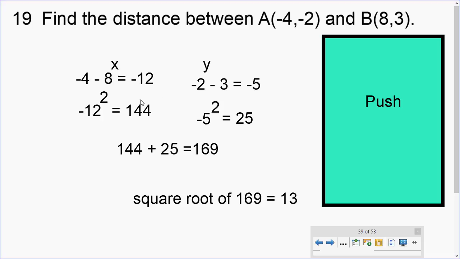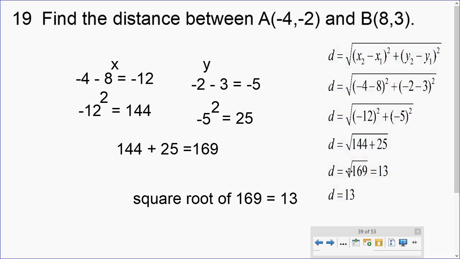Notice how much work we did in order to get that answer using the distance formula. If you like using the distance formula, by all means go right ahead and use it, because it does come in handy at times, but it is the Pythagorean theorem in theory. So choose whichever method you like.